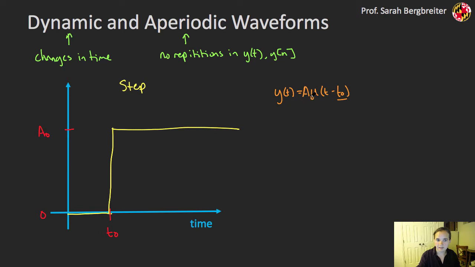And this u of t is our base step function. This implies that I'm 0 at time less than 0, and I'm 1 at time greater than 0. So by adding this t minus t0, that basically means that I'm stepping up at time t0.